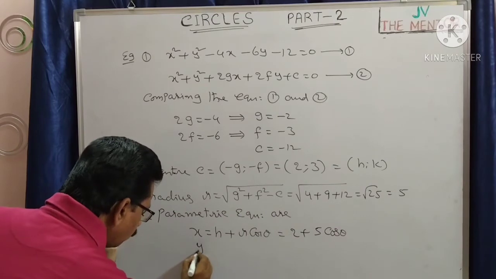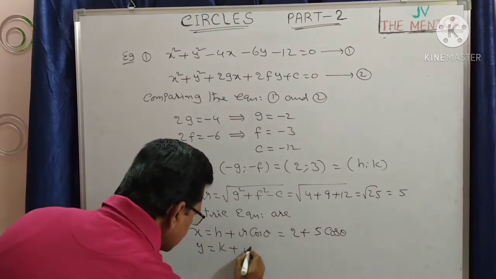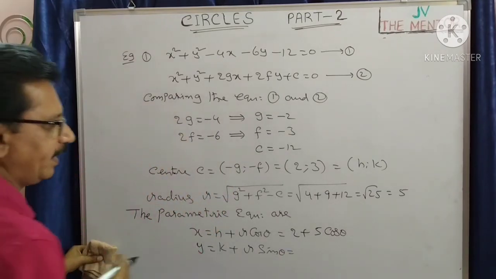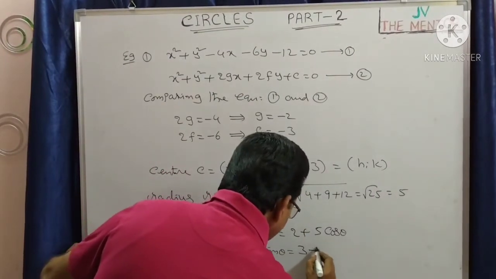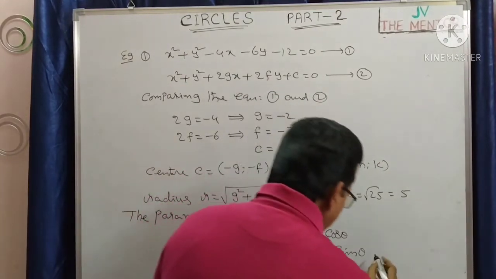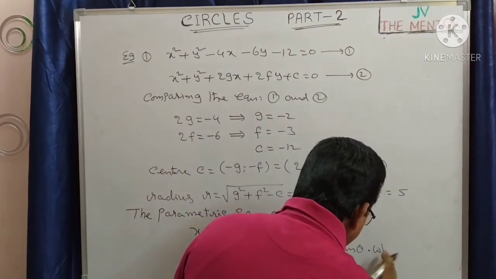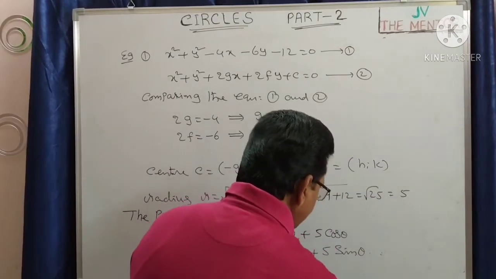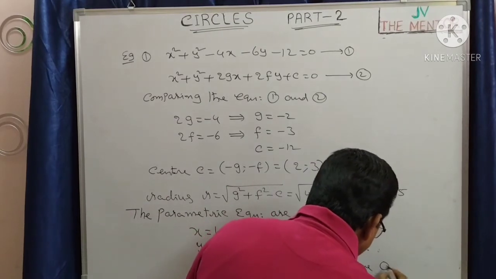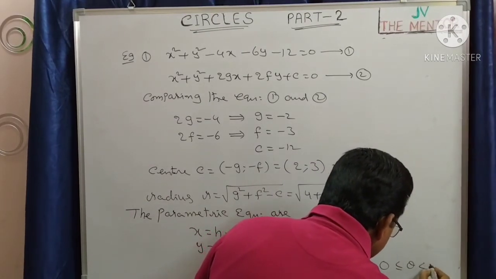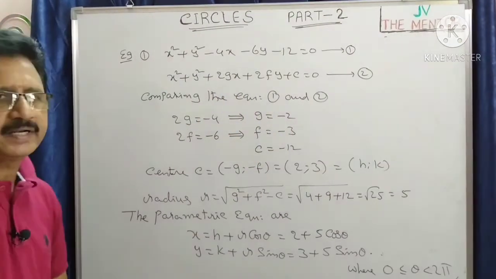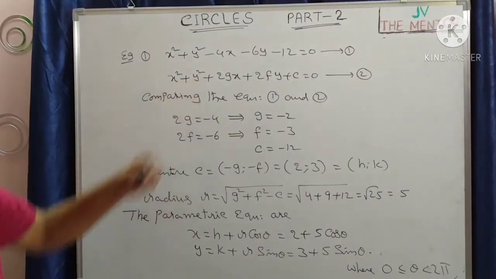Next y equal to k plus r sin theta. What is the value of k? Here 3. 3 plus 5 sin theta. Where 0 less than or equal to theta less than 2 pi, this is the range of theta. Now these are the parametric equations of the given circle.